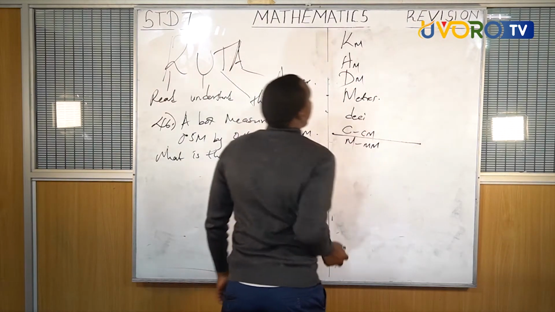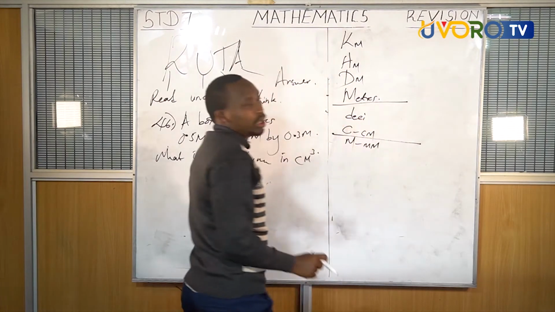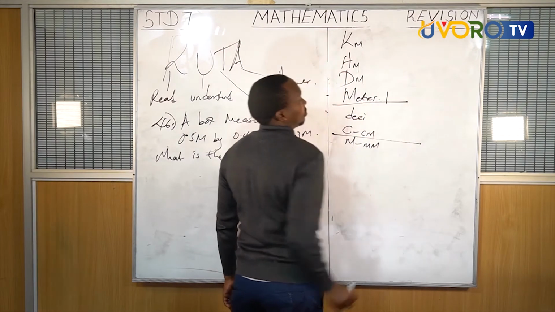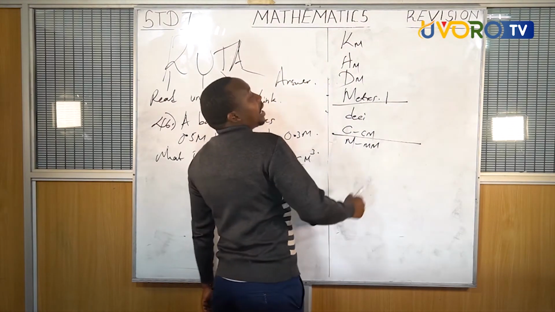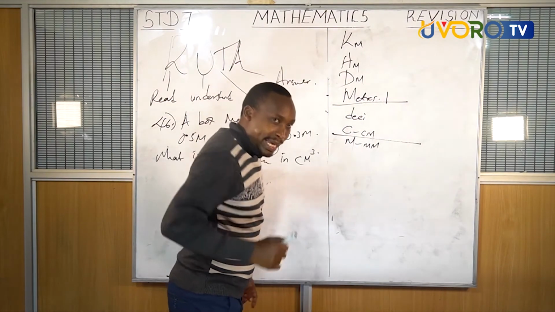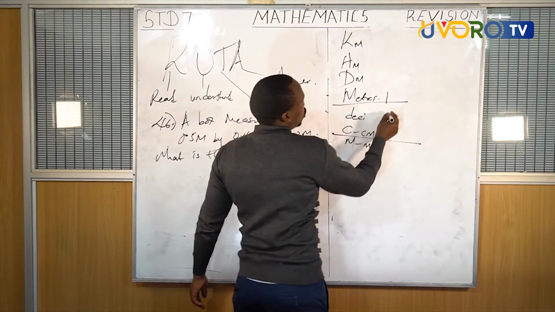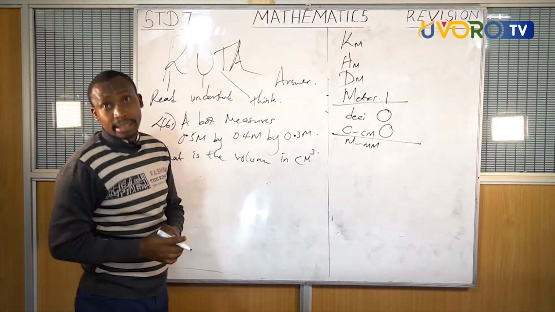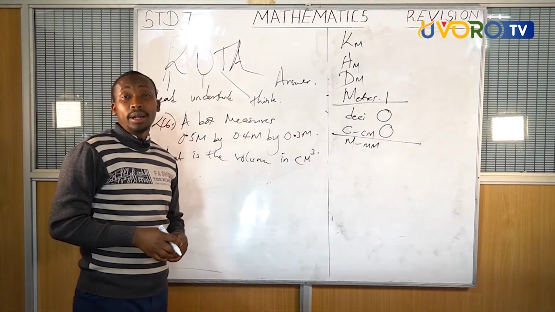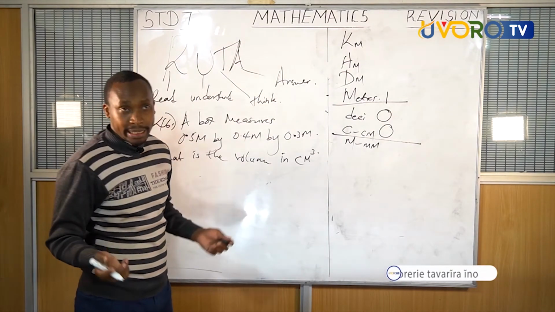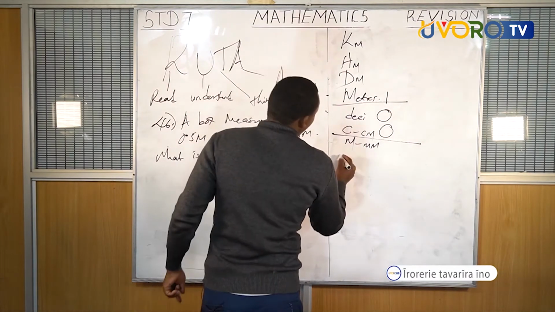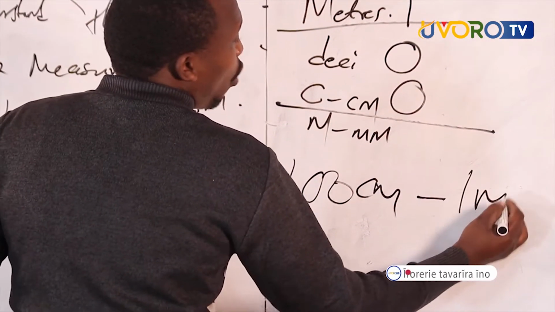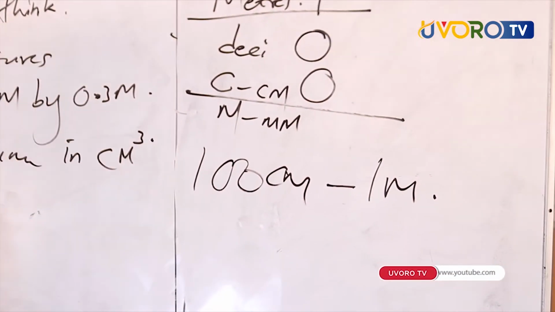Centimeters, meters. Which one is above the other? It is meters. Now, up to where centimeter is, put zeros. 0, 0. Have we arrived at the centimeters? Yes. So how many centimeters make 1 meter? 100. Only that. 100 centimeters will give us 1 meter.